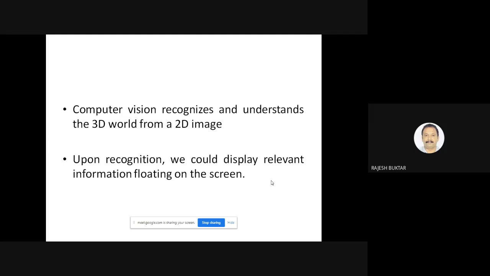Through that vision, the computer sees things in the outside world, and the marker is kept there. Once your camera frame starts scanning the 2D image or the marker, whatever patterns are available on the marker are identified. Once they are identified, the 3D model is associated with that pattern of the 2D image.